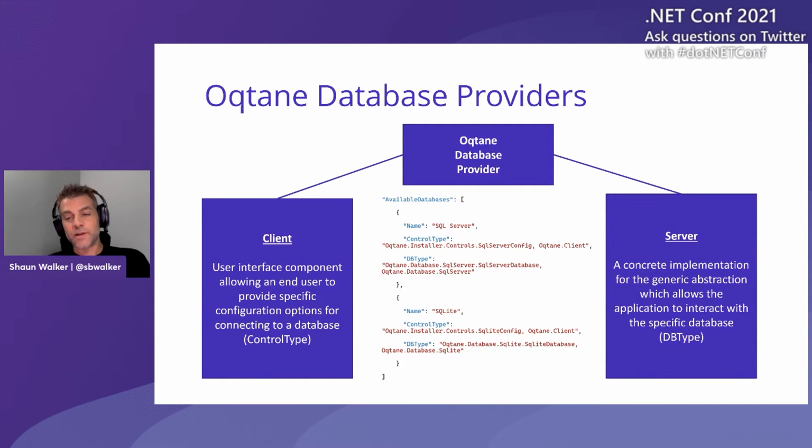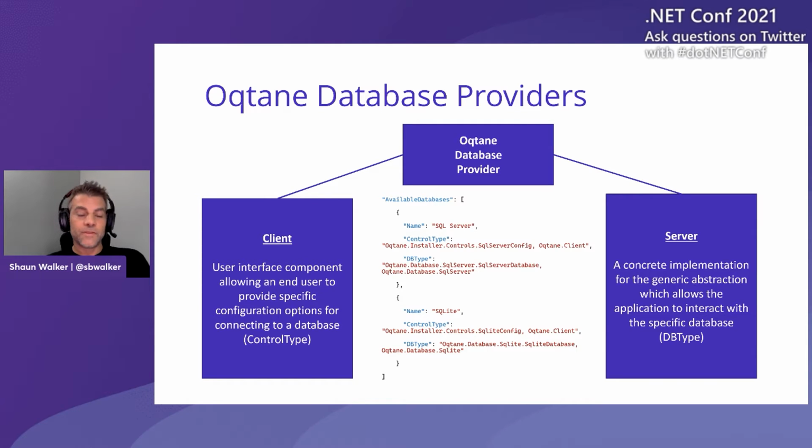On the server side is where the really heavy lifting happens, and that's where we have the concrete implementation of our generic abstraction, which allows developers to interact with underlying databases without necessarily knowing a lot of the intricate details of those databases. The actual data providers are declared in our app settings file.